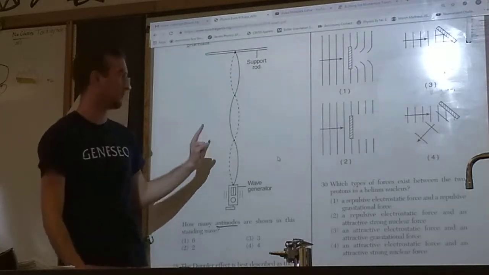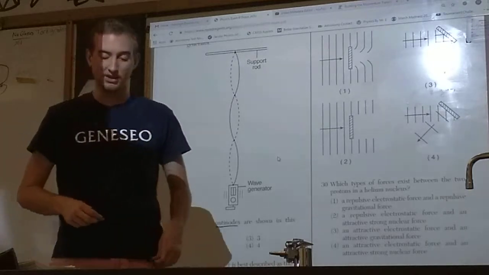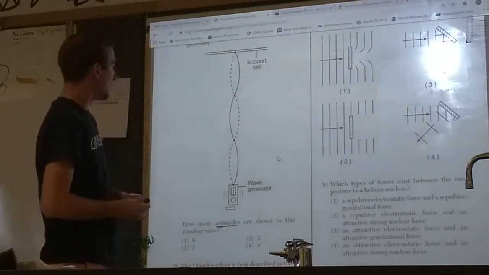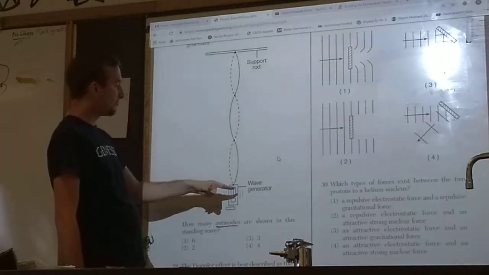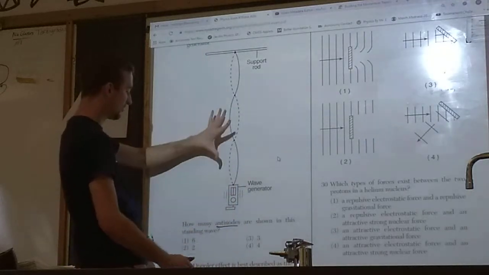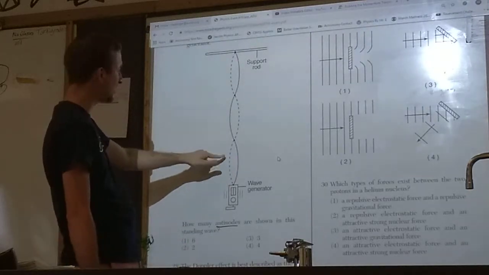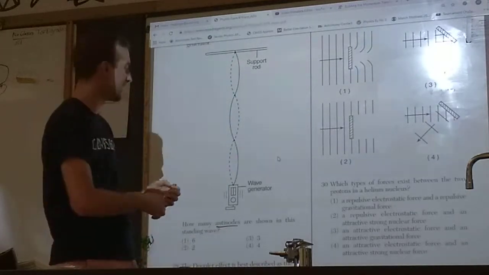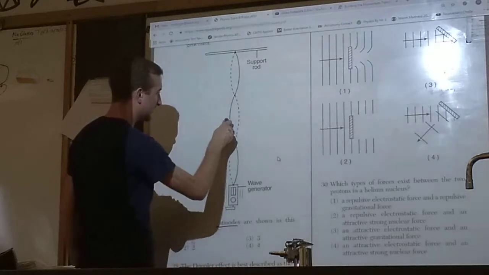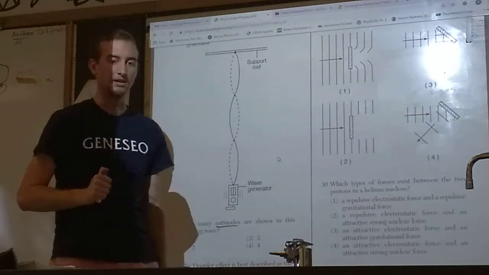In my experience, I was misled by this picture. I did not really understand what it meant for a long time. At no point are there actually two strings here and here at the same time. These are just the two states that the string is moving between. At one point the string might look like this, and at another point the string might look like this, okay?